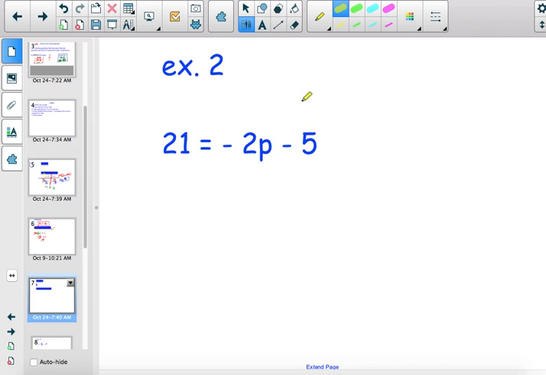This is where I see a little bit of confusion going on. There's two operations going on. What is going on between -2 and p? Ben, what type of math is going on here?